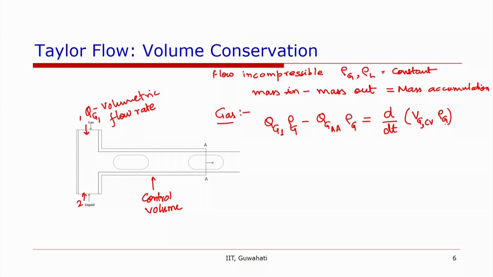Here Vcv is the total volume of the control volume, and Vg is the volume of gas in the control volume.